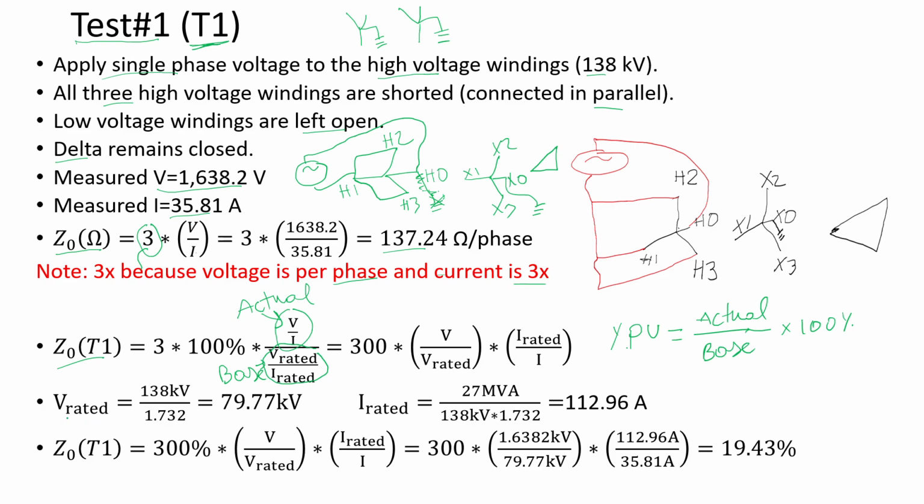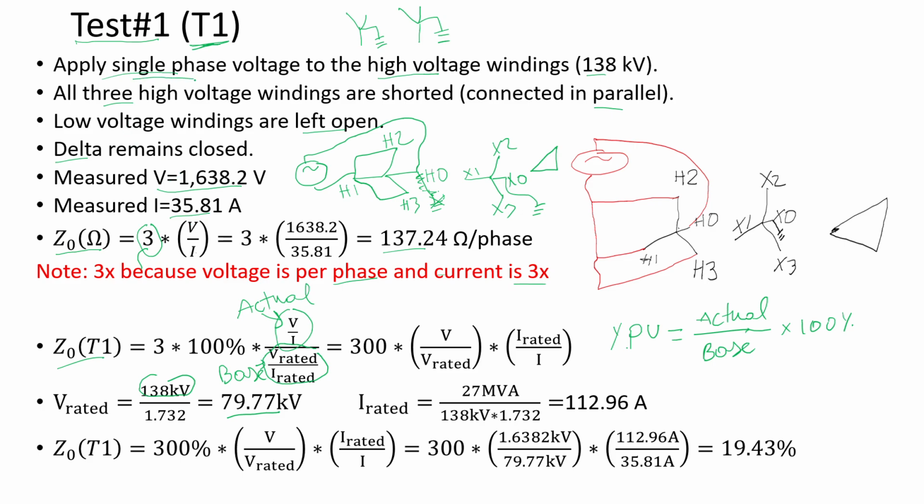So I just basically rearranged this equation here. So what is the rated voltage? Since I'm applying voltage to the high side, I'm using 138 kV. So 138 kV divided by square root of 3 is 79.77 kV. Why am I converting to phase to neutral voltage? It's because I'm applying single phase voltage, it's right here.